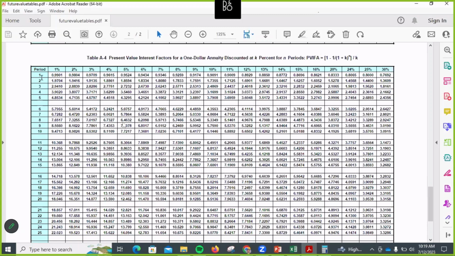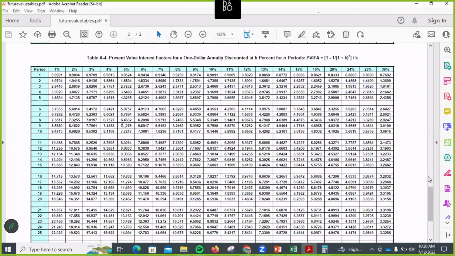Say for an example, 1 rupee obtained annually for 5 years at a 10% interest rate will have the value of 3 rupees and 79 paise. That's the meaning of this.